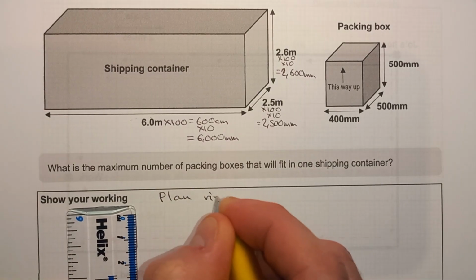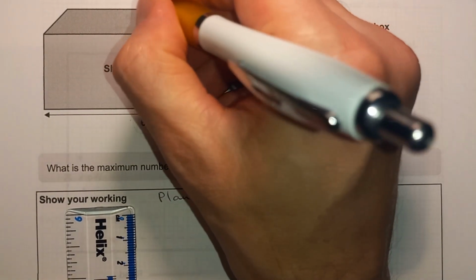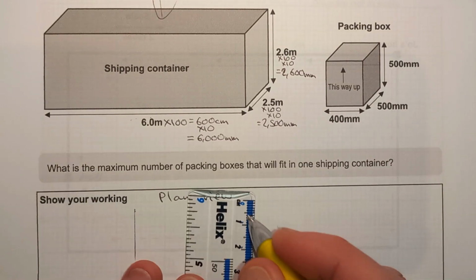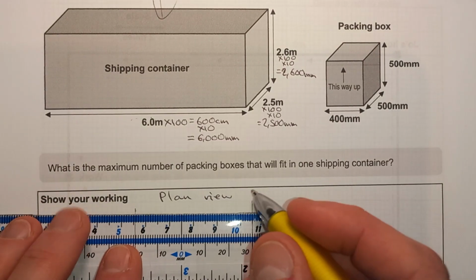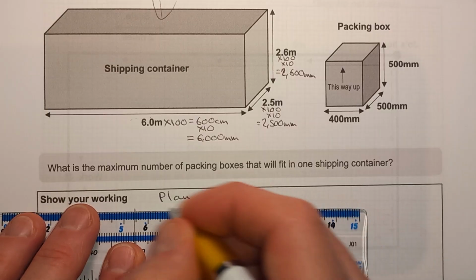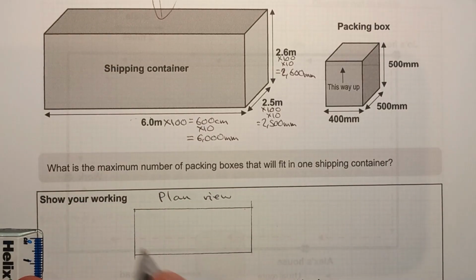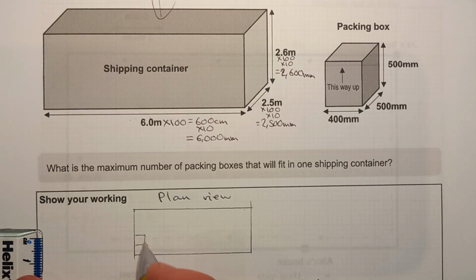I want a plan view. So if I'm just looking straight down onto the shipping container, I would see a rectangle. And we're trying to fit these boxes in it like this, so it fit them all in nicely.